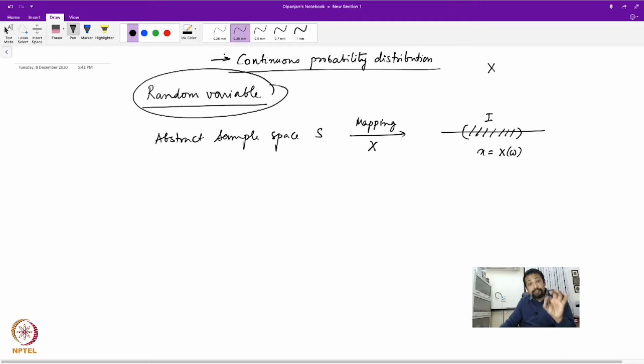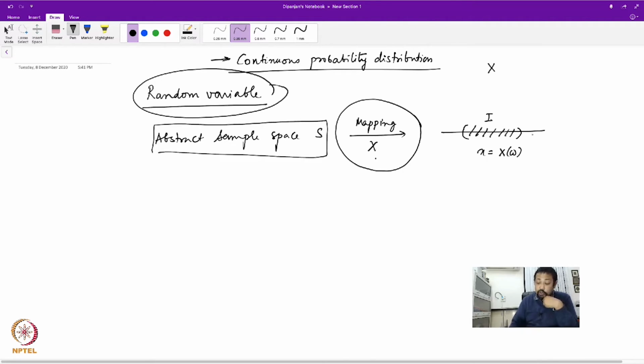Clearly the word continuous tells you that this random process or this random variable will lie on the real line. It can take continuous values. So the definition of a random variable formally happens by defining a mapping x from the abstract sample space S to an interval in the real line R, right?